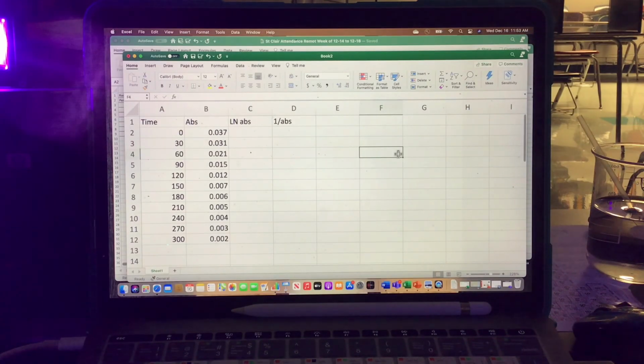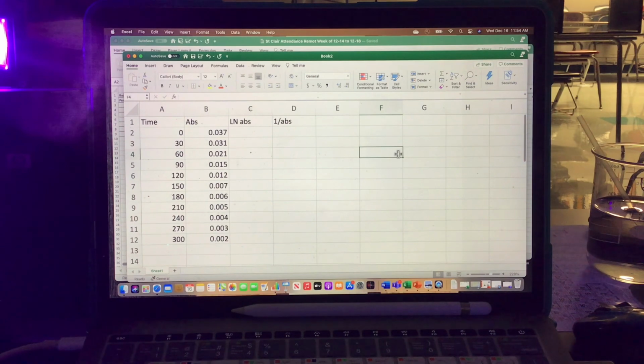In Excel, you'll need to set up a data table similar to what I have here, where you have time and the absorbance, and this is the data from the second part of the experiment that we collected. And you need to fill in the columns for the natural log of the absorbance and 1 over the absorbance.